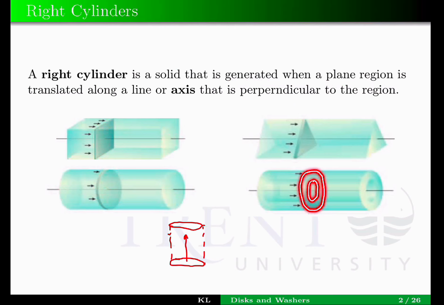So what we actually have in here, particularly the region, is the region between those two circles. So there is a hole in the middle. If we translate this, it's like we are producing a tube. So there's this one and then this one here, and then there's a hollow in the middle. Okay? So this is our right cylinder.